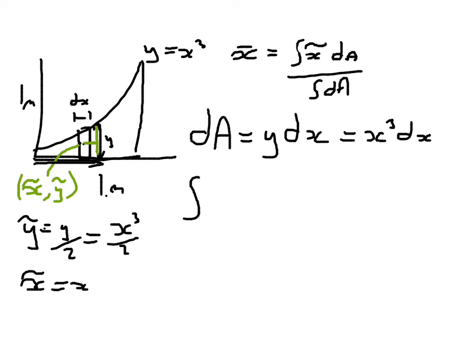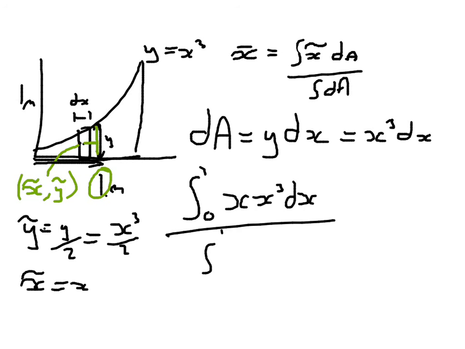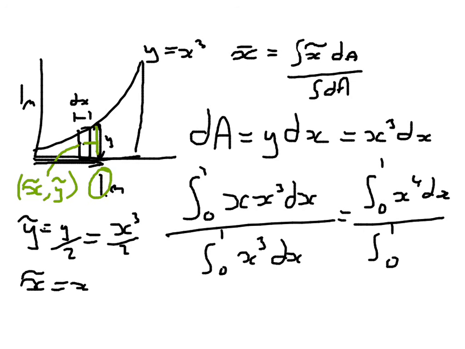So the integral between 0 and 1, because this is 1 metre, we're moving our strip 1 metre in distance, of x tilde, which is x, times dA, which is x cubed dx, over the integral between 0 and 1 of dA, which is x cubed dx. It's the integral between 0 and 1 of x to the 4 dx over the integral between 0 and 1 of x cubed dx.